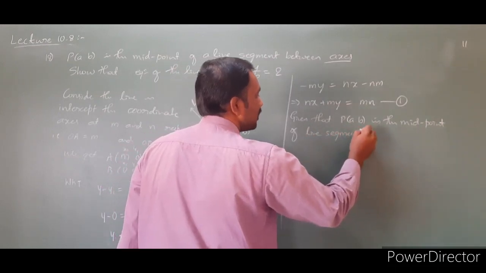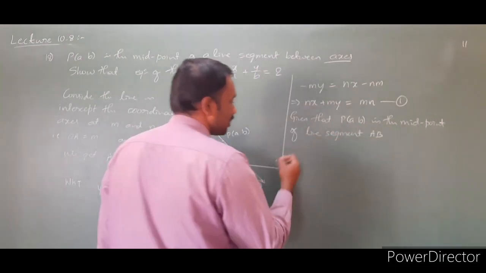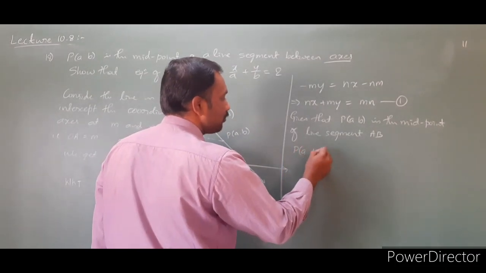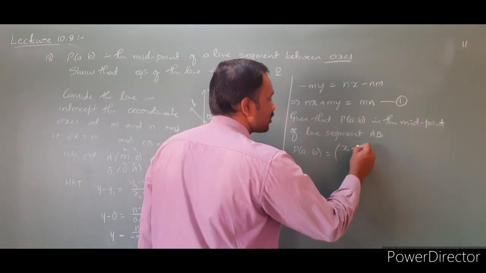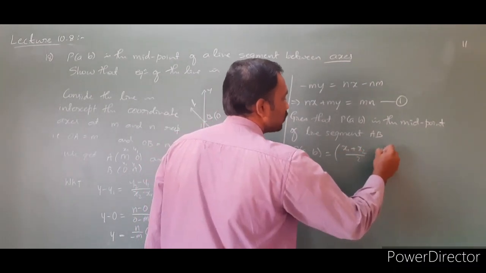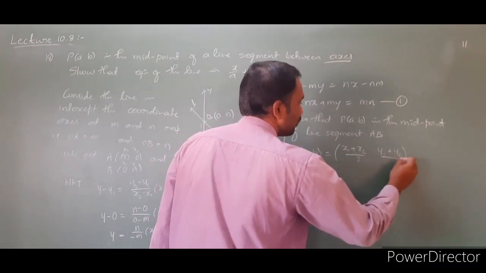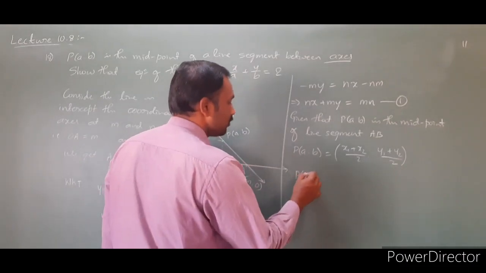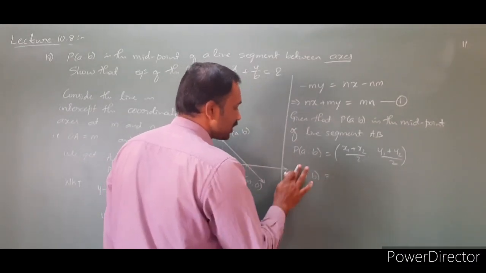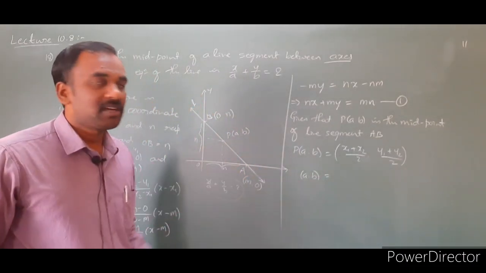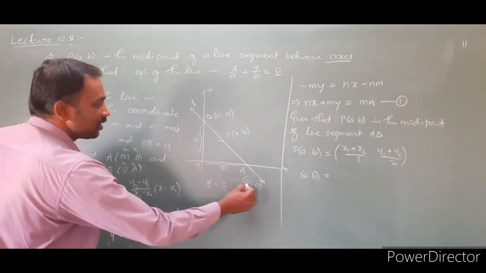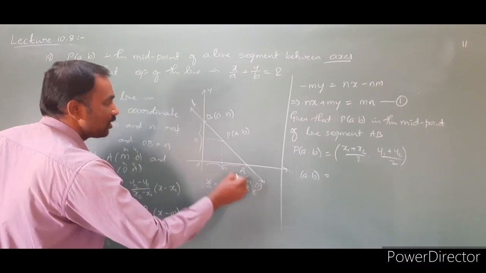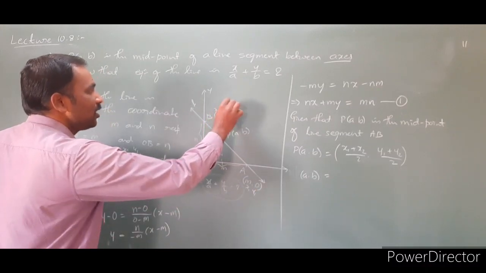Now I try to find the m and n values, because the final answer is in terms of a and b. Therefore, you already know the midpoint formula. What is the midpoint formula? x1 plus x2 divided by 2, y1 plus y2 divided by 2. So a comma b is equal to this, where this is x1 comma y1 and this is x2 comma y2.